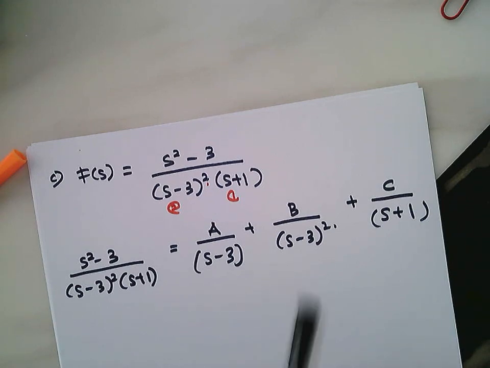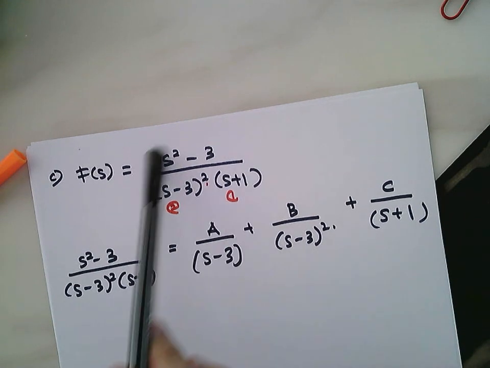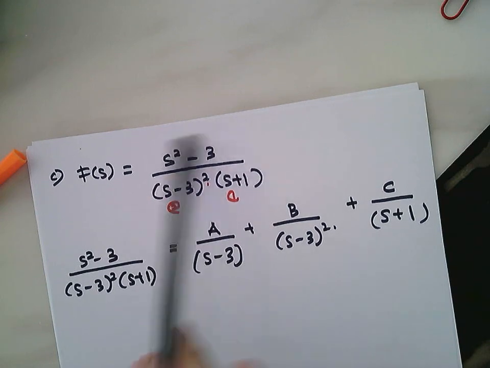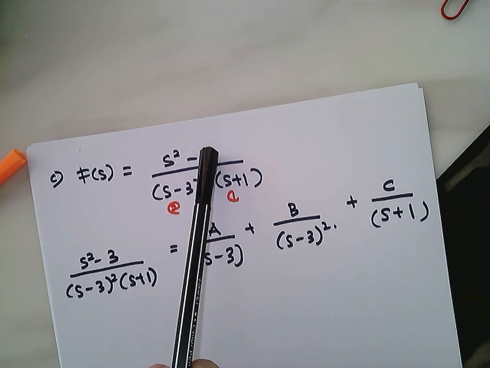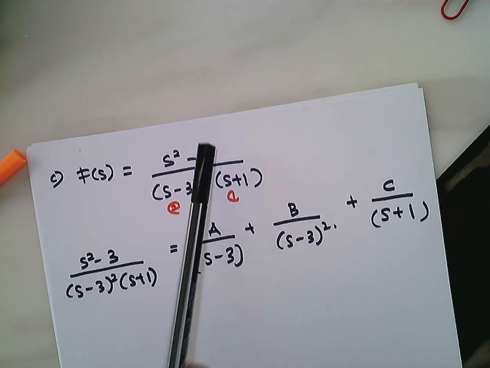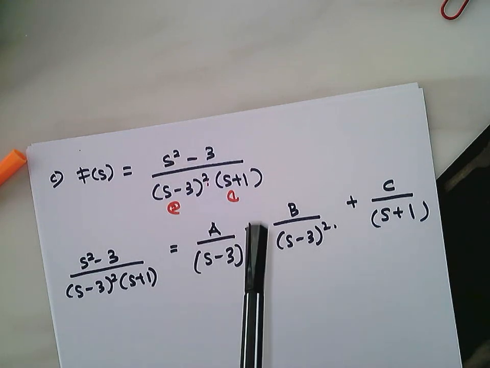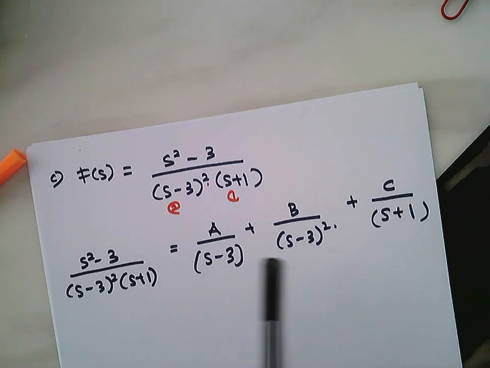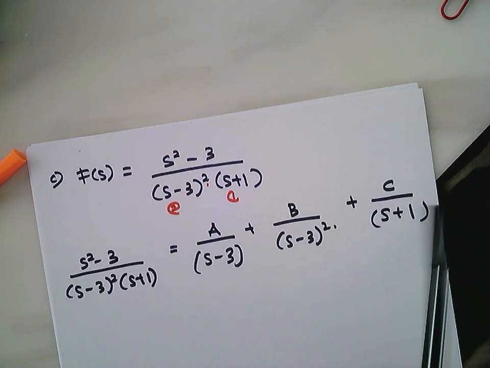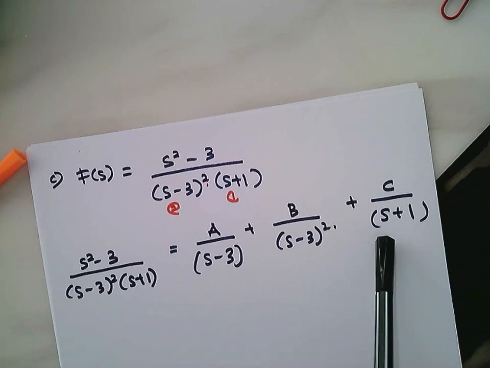As you can see here, you cannot get the inverse of this one. This is a very complicated function, but when we use properties of the inverse Laplace transform of a rational function, you just need to get the inverse of each of these simpler terms. So the next step is for you to get the values of A, B and C first.